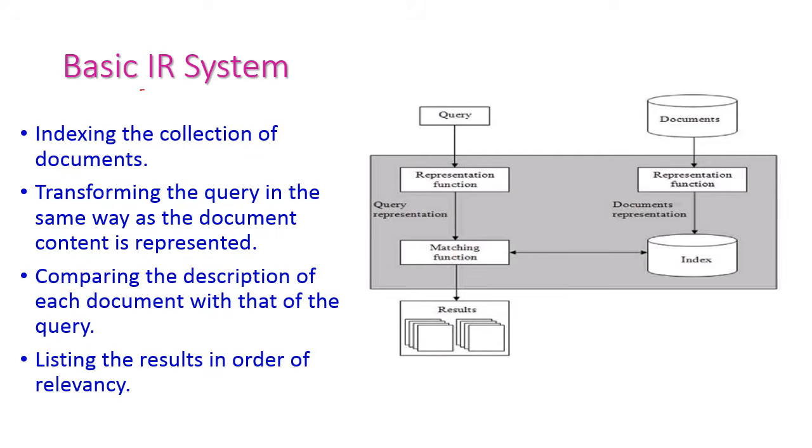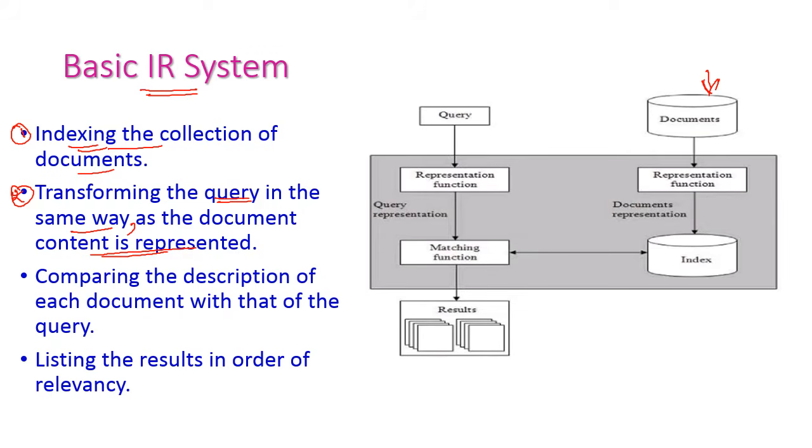Basic IR system. This diagram explains the basic information retrieval system. Here the first step is indexing the collection of documents. All the documents are stored in the database or repository, and the documents should be indexed properly. The second step is transforming the query in the same way as the document content is represented.